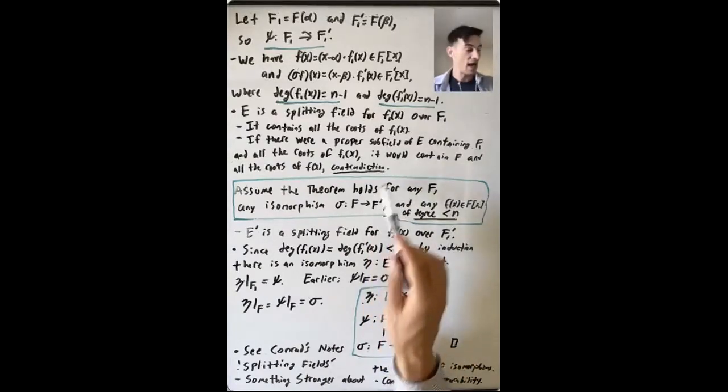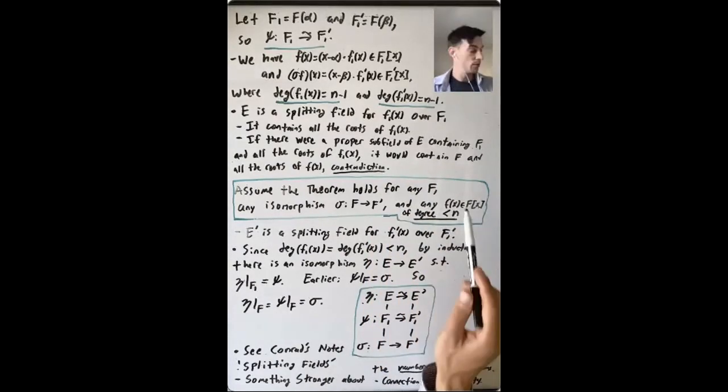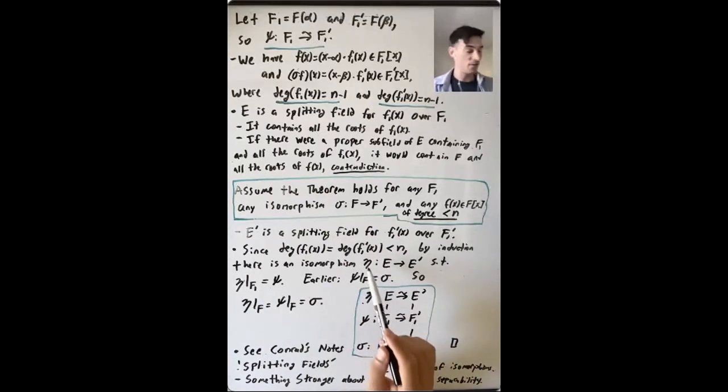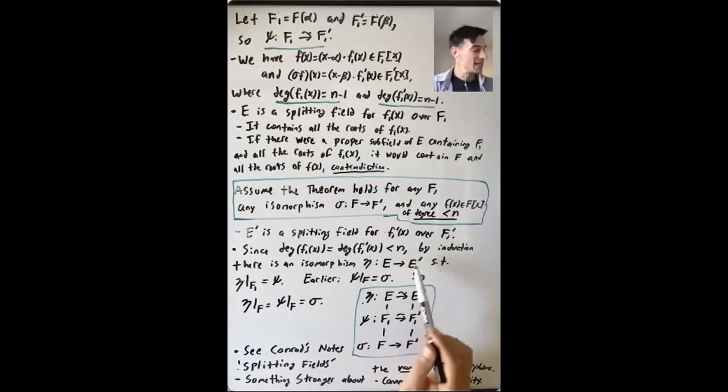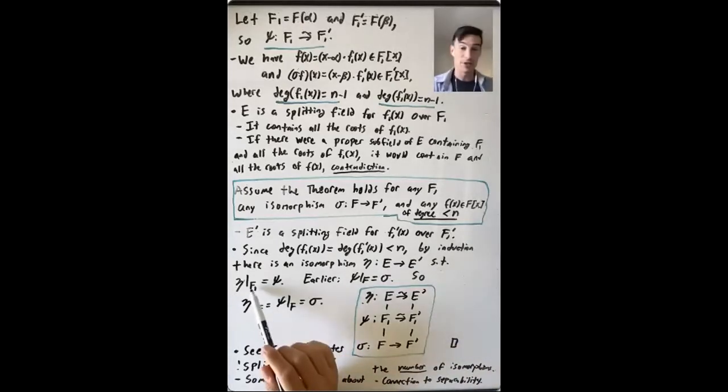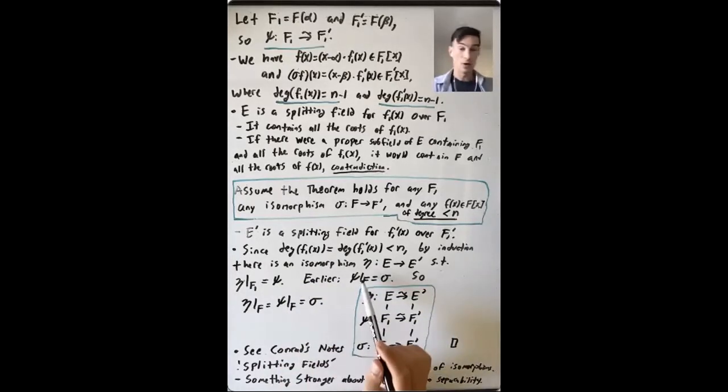So we can apply this induction hypothesis, which says that there is an isomorphism, I just need another letter, so I'll go with eta, from E to E prime, such that if you restrict to F1, you get this isomorphism psi from F1 to F1 prime. Earlier, where did this psi come from? This came from applying theorem 8, and we know that psi restricted to this F is sigma.